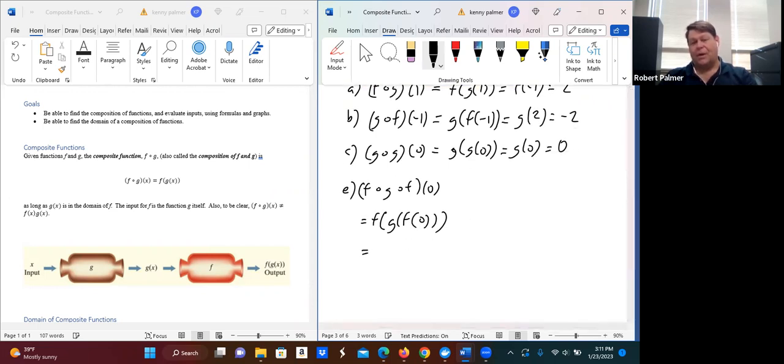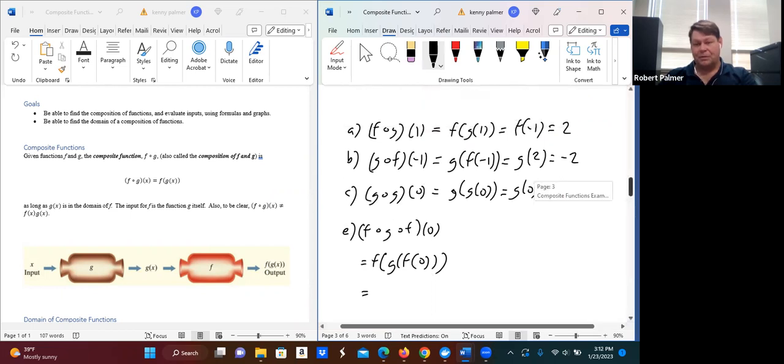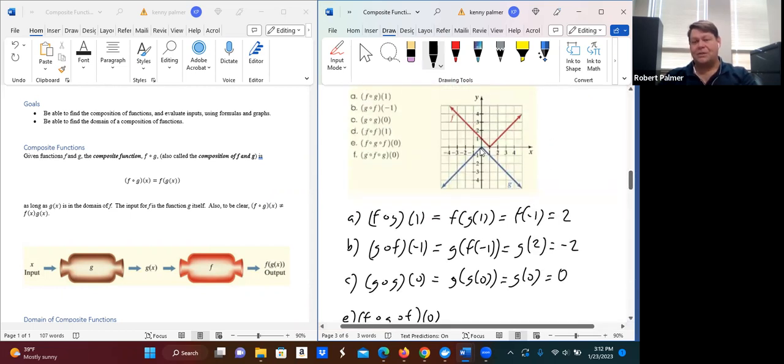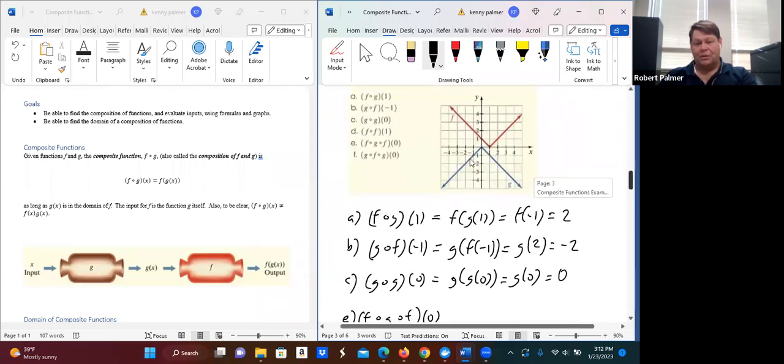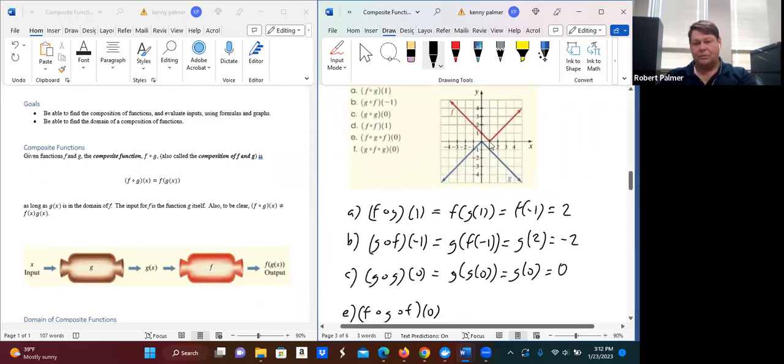So f of 0, let's do that first. So f of 0, when x is 0, go up the red curve, f is 1. So this evaluation, f of 0, is 1. Okay, now this is just like the ones we just did. g of 1, let's evaluate that. When x is 1, what's g? g is -1 on the blue curve, and y is -1.